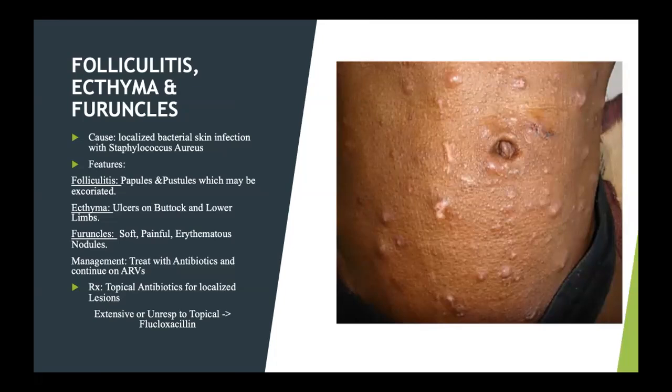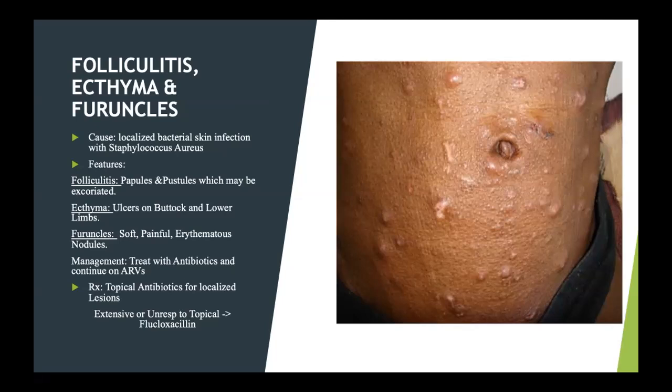It is an infection of the hair follicle, that's why it's called folliculitis. Eczema: ulcers on buttocks and lower limbs. Furuncles are soft, painful, erythematous nodules. The management would be treating with antibiotics and continuing with your ARVs.